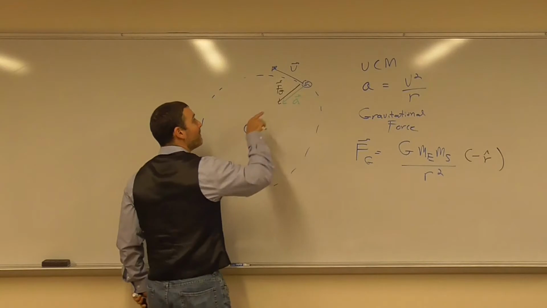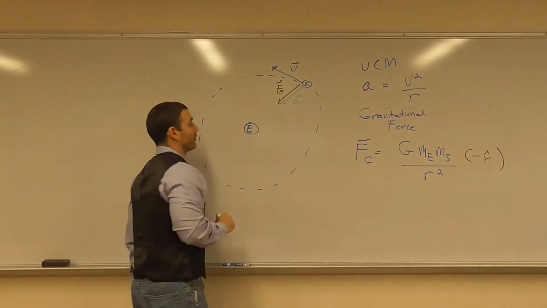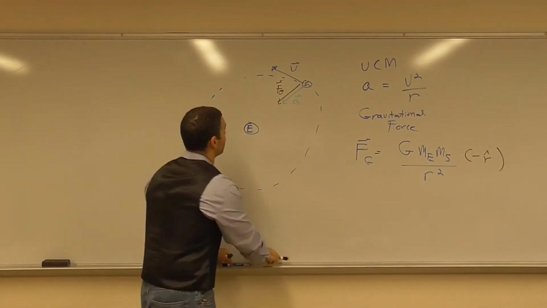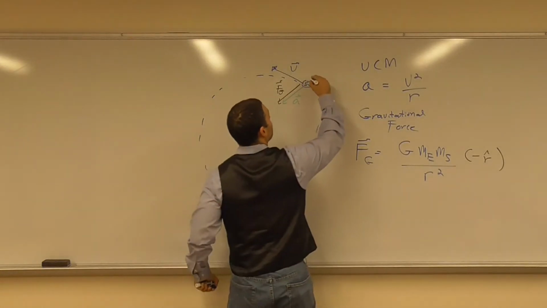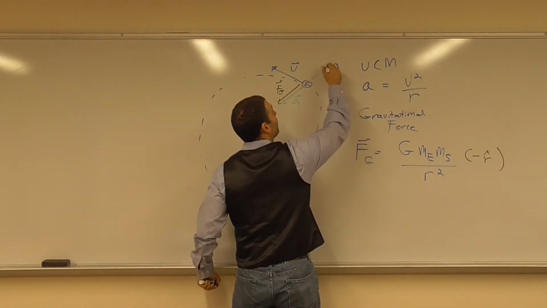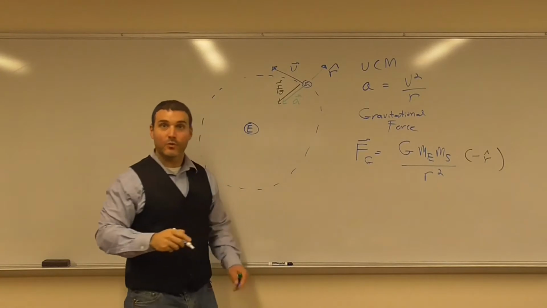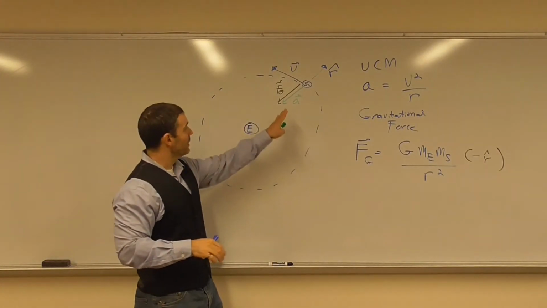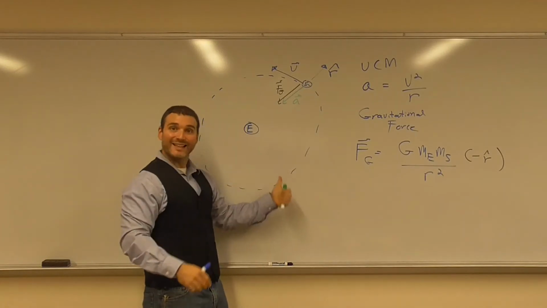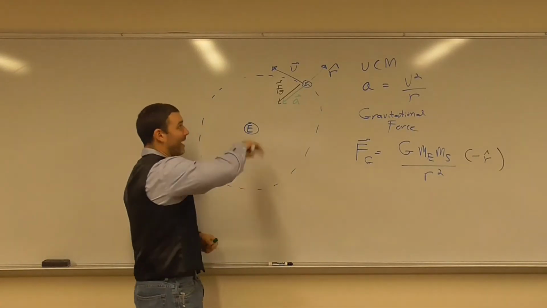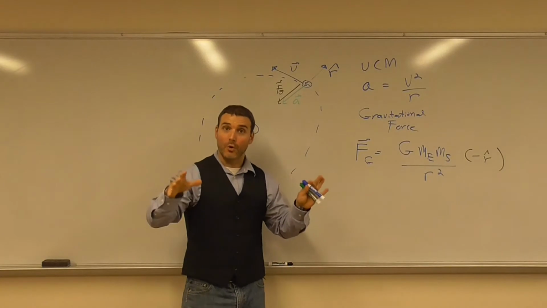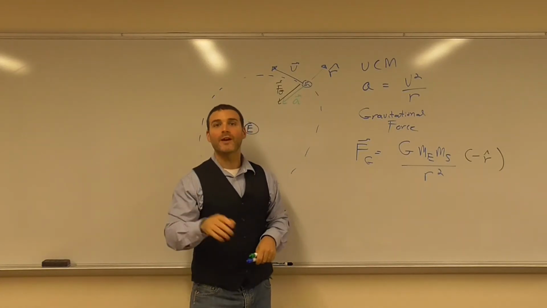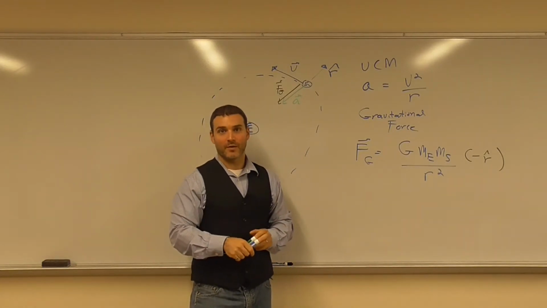It's the minus radial direction, okay? So this direction out this way is the radial direction. So I use r hat to mean radial direction, okay? So you're going to want to think about this because the gravitational force points radially inward all around the uniform circular motion path, okay?